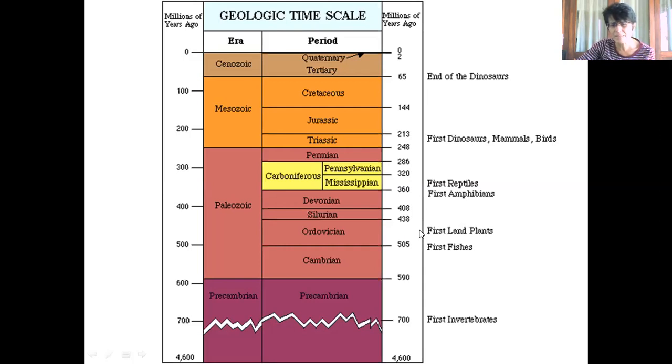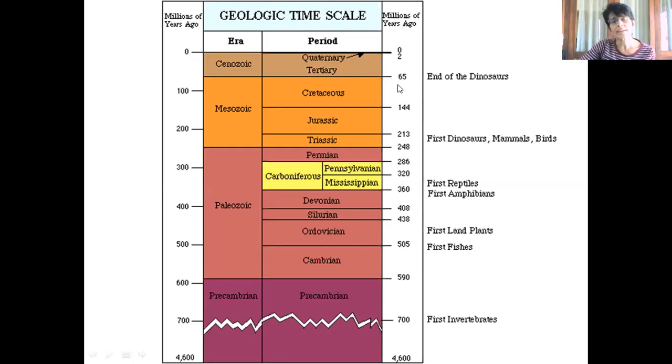It's in the middle here, halfway between 438 and 504, which is about 470 million years ago. And the first reptiles a little bit earlier than 360 million years ago. And the first dinosaurs over here, and so on.